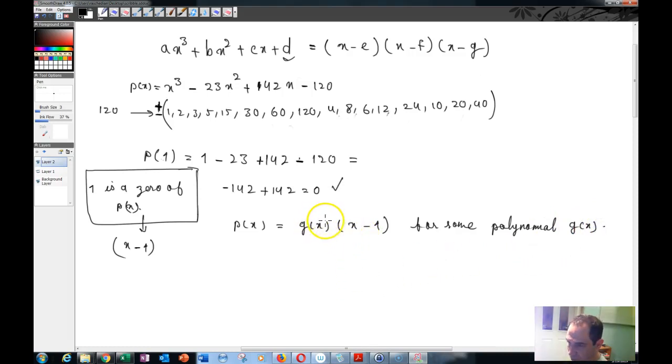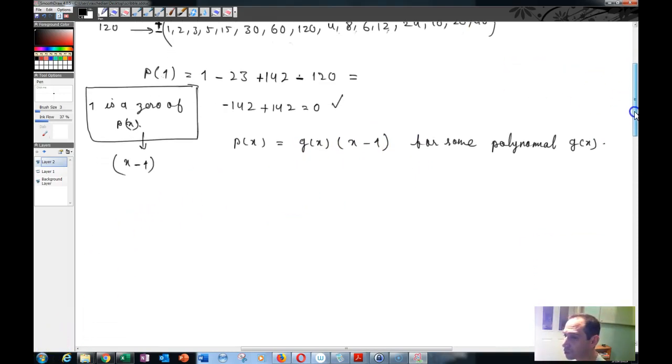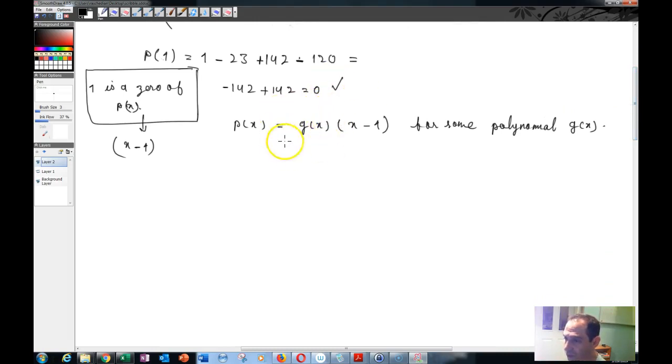So now how can you find what g of x is? There are different ways you can divide and do different things. In order to figure out what your g of x is, you can divide.